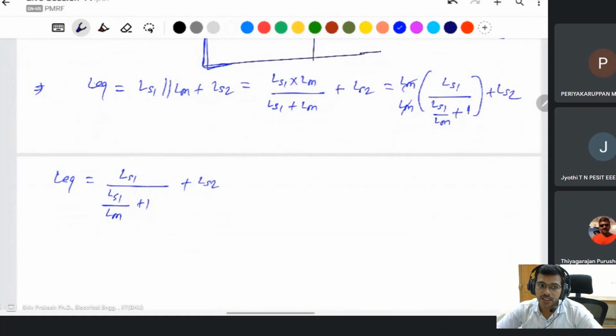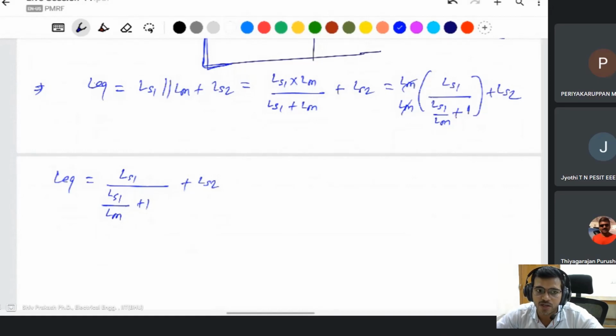The leakage inductance is very low compared to the magnetizing inductance of a transformer. If the magnetizing inductance is 100 millihenry, the primary winding leakage inductance is much lower. This is not the primary winding inductance, which would be higher, but the leakage inductance, which arises only from leakage flux linkage.